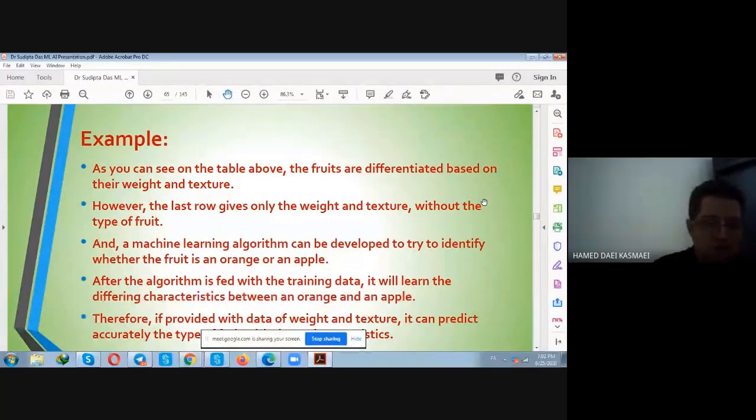Okay. After the algorithm is fed with training data, so first you need training data. What is training data? When you are, for example, God forbid, disabled, you need to do a lot of exercise in order to motivate your hands, your disabled organs or your body.